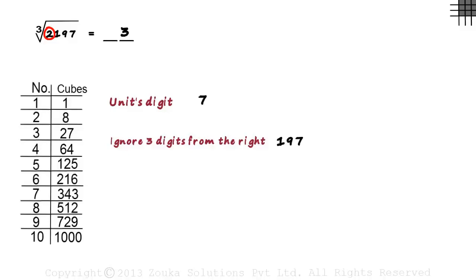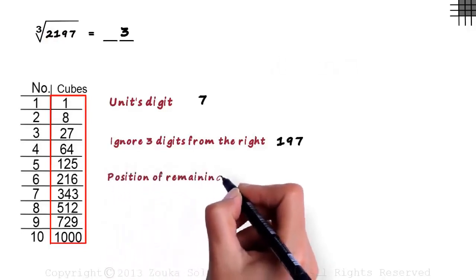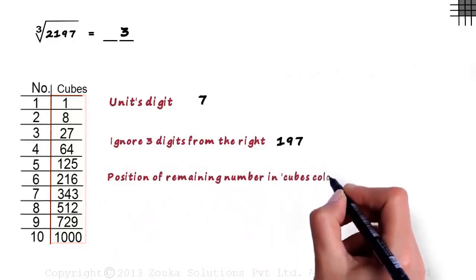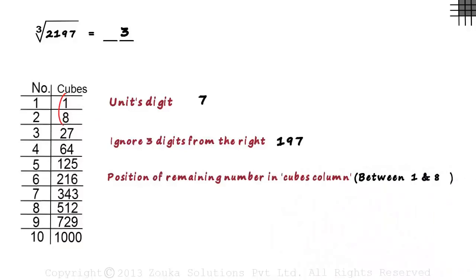We check where 2 is placed in the cubes column. That is, we check the position of the remaining number in the cubes column. In the cubes column, the number 2 lies between 1 and 8. That means it is placed between 1 cubed and 2 cubed. We basically looked at the corresponding number column.